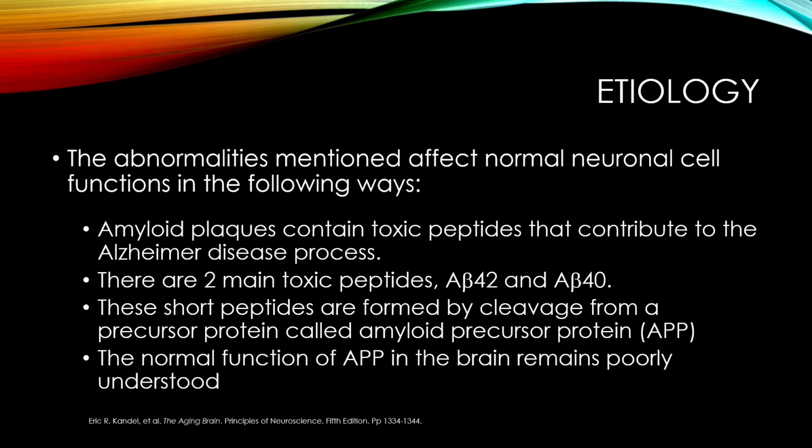And then you also have the two main toxic peptides, which are amyloid beta 42 and amyloid beta 40. Just something to be aware of, the different types of peptides. These short peptides are formed by cleavage from a precursor protein called the amyloid precursor protein, APP.